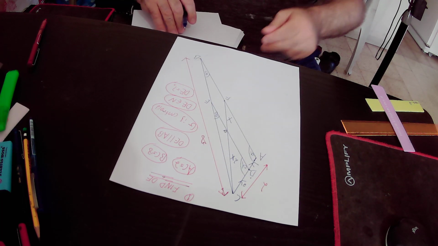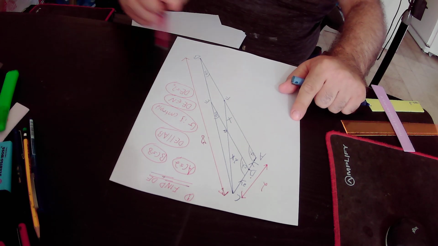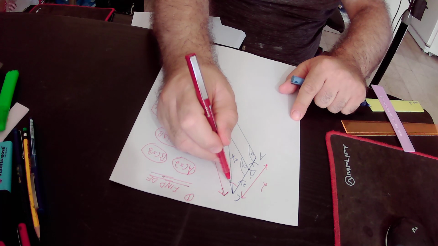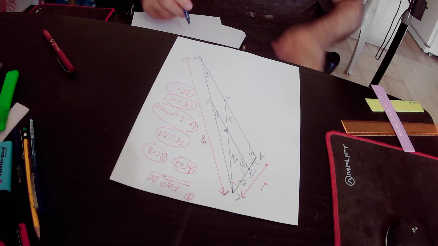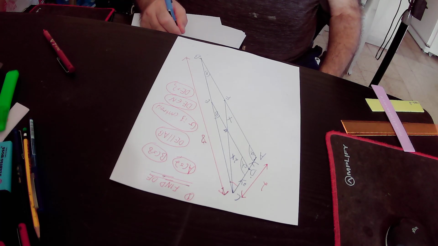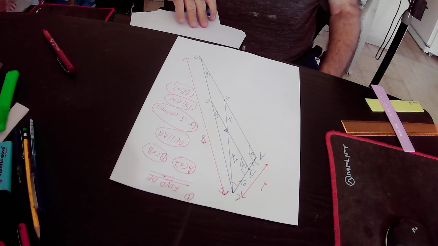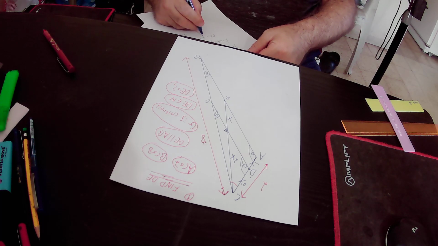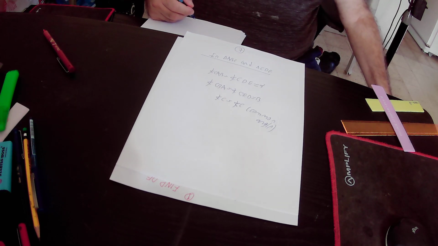And we also have the third angle, angle C. This angle C is a common angle, it belongs to both triangles. So we can write down that angle C equals angle C, a common angle.